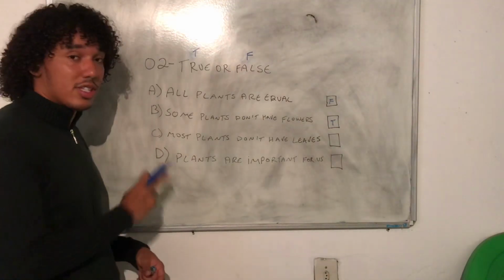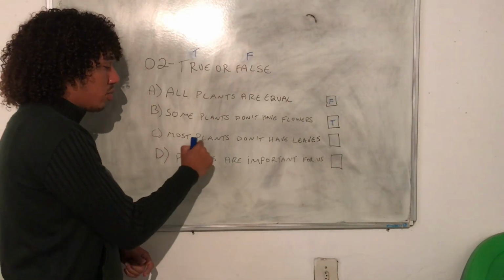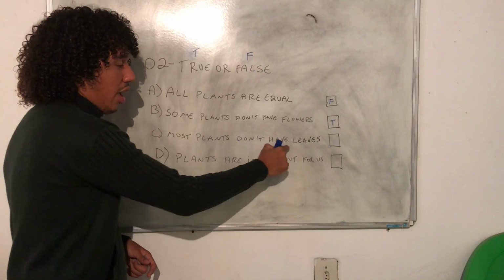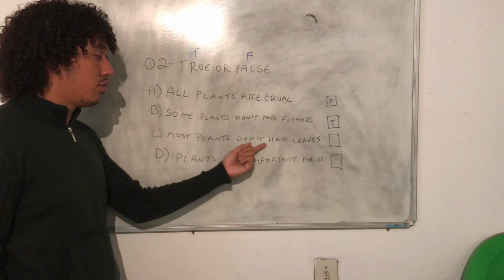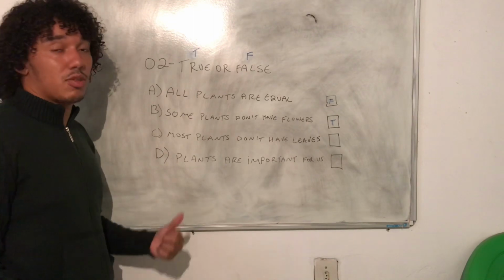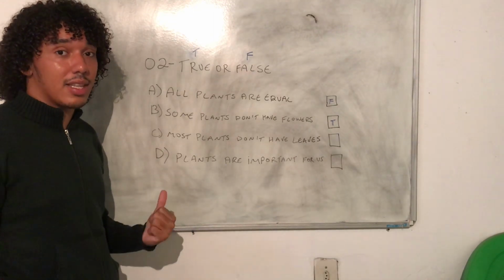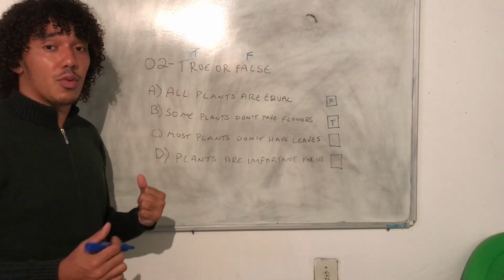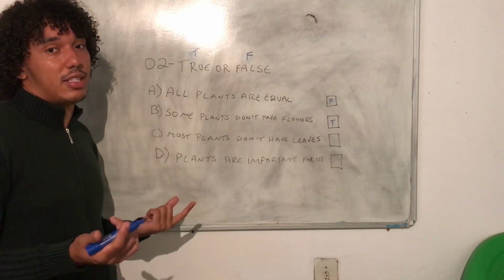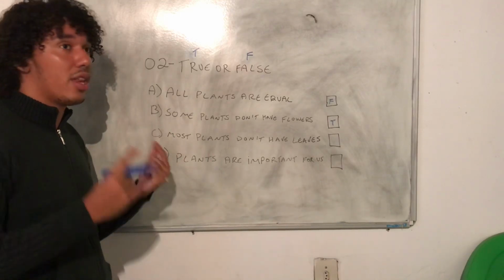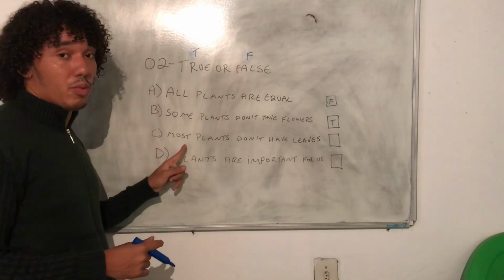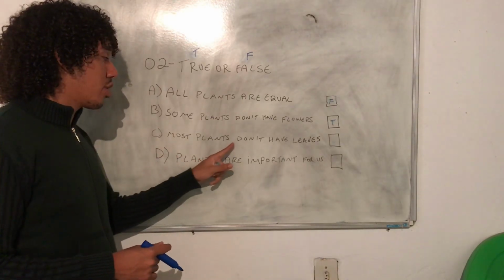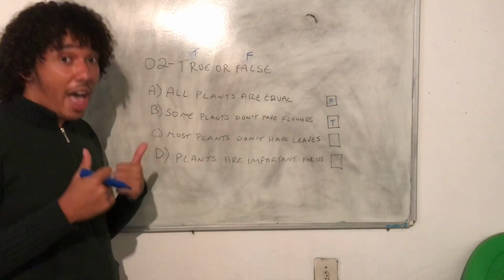In letter C, we have: most plants don't have leaves. As we saw in the text, it is really important, guys, to read and think, as the first question said. Read and think. As we read, most plants have leaves.